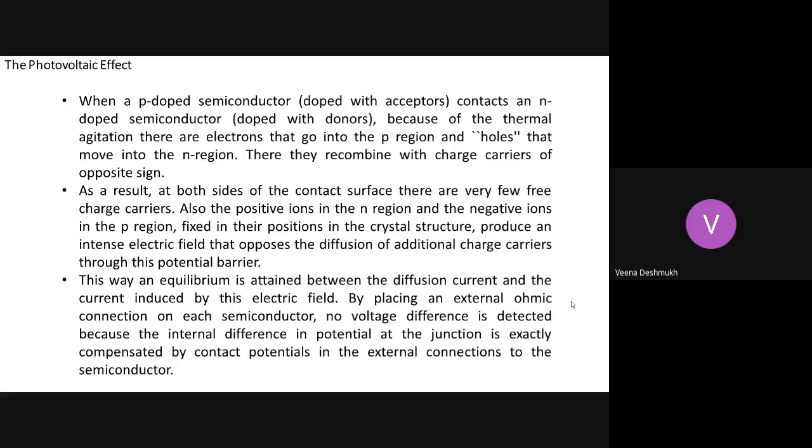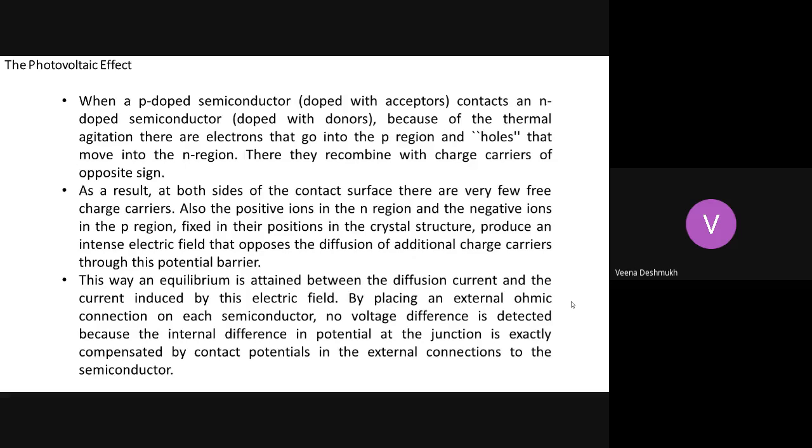Now the electrons in the P region and holes in the N region form a conducting layer. In between them, you have the depletion region or the recombined region, which is immobile in nature for charge carriers.